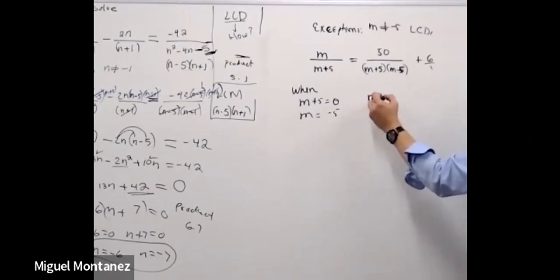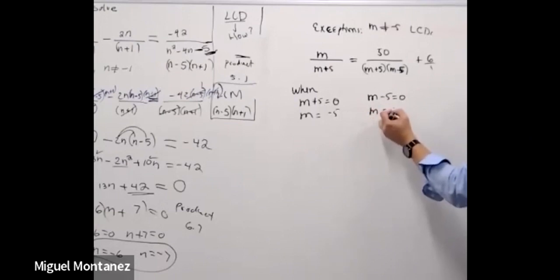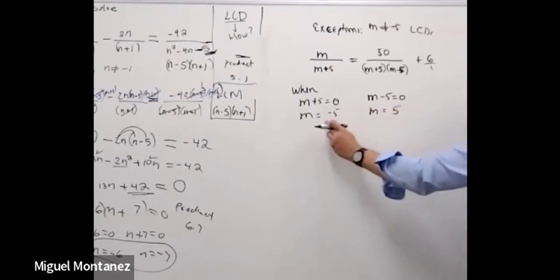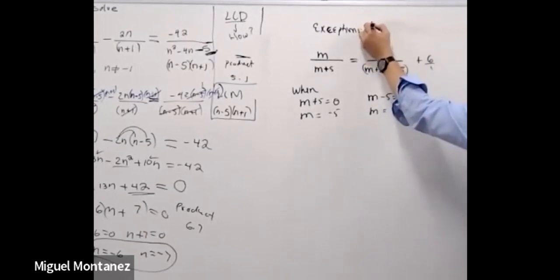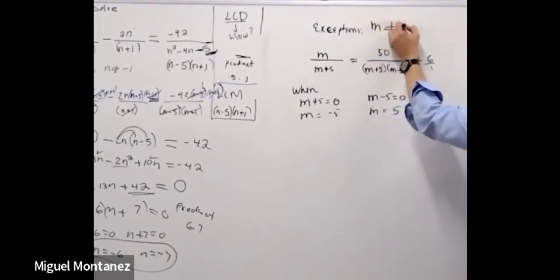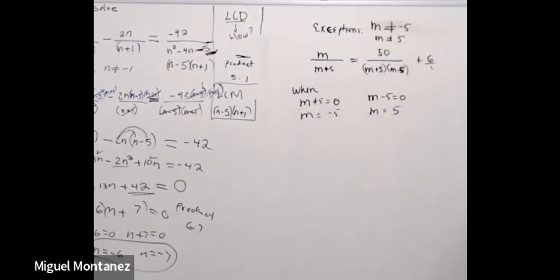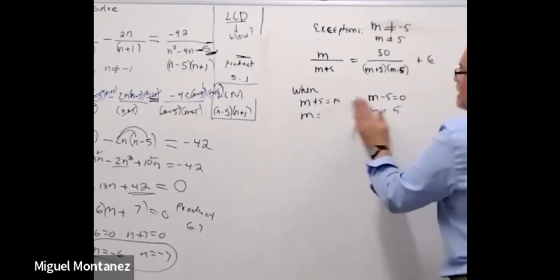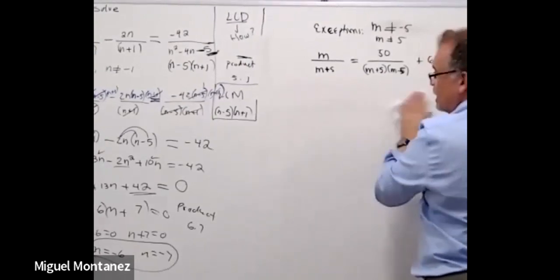What happens when m minus 5 equals 0? m will be positive 5. So the two numbers I must avoid, my exceptions, are m cannot be negative 5 and m cannot be 5. If m is either of those two numbers, my denominator becomes 0, and we don't know how to divide by 0. So that's the first thing I always like to do, find my exceptions.